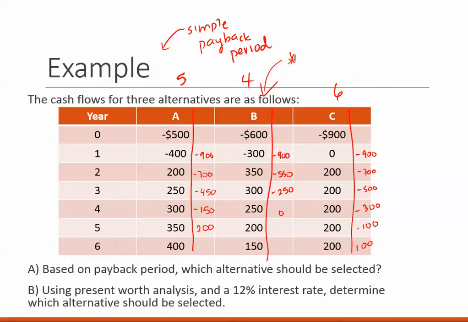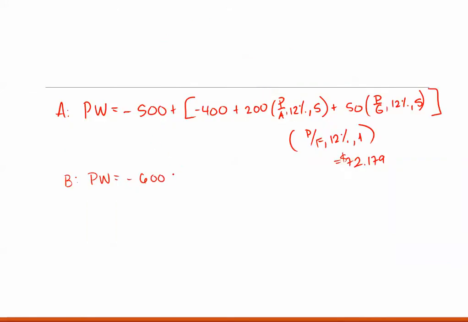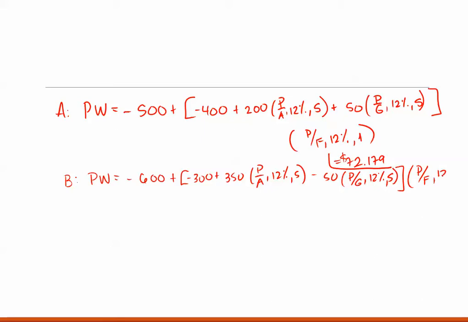So again, I am going to take advantage of that by doing the following: plus negative 300 plus 350, P given A, 12, 5, minus 50, oops, P given G, 12%, 5, and multiply that times P given F, 12% for 1, and this gives me negative 26.81. So remember, that was our choice. That ended up being a bad investment.